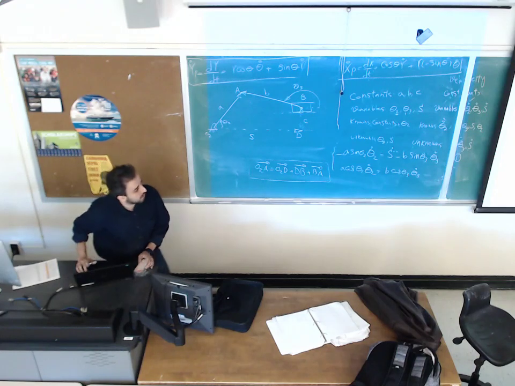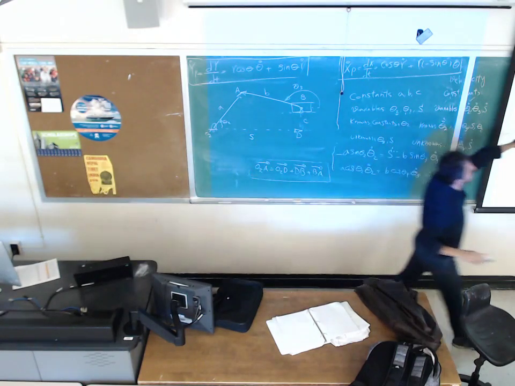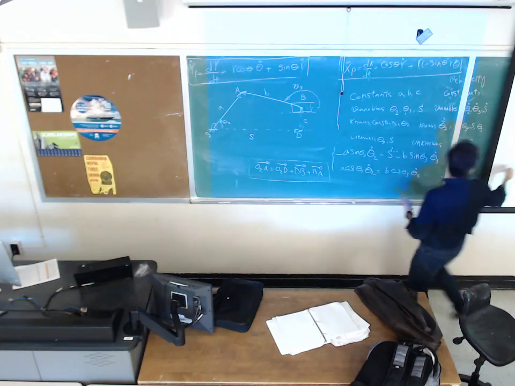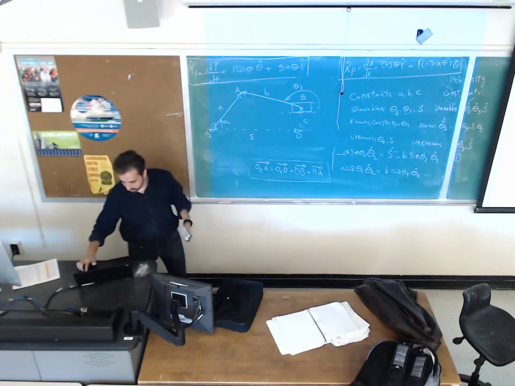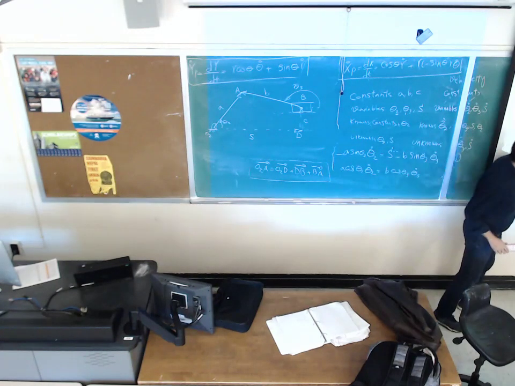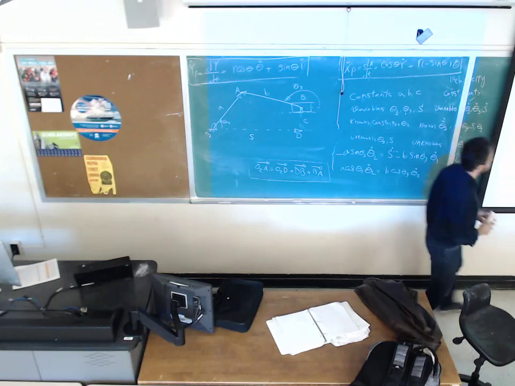Any question on this? We started from the loop closure equation, and instead of S we have D over there. So we differentiate that, and we end up with this equation and this one.